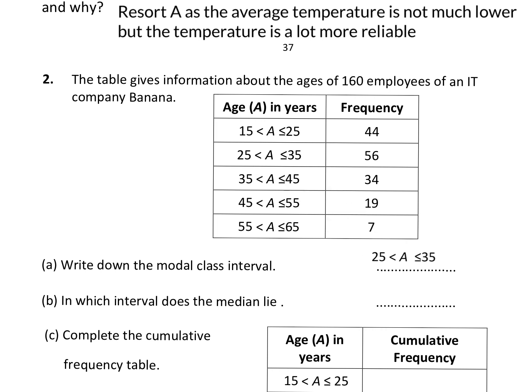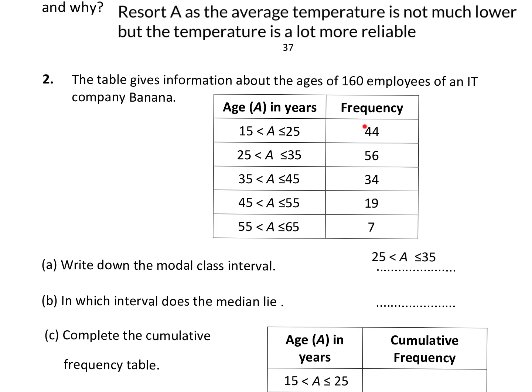And then which interval does the median lie in? Well, because the numbers are so large, I could just be rough here and say the median is going to be around the 80th value. The first 44 values are in here, and the next 56 are in there, which makes 100. The first 100 values are in the first 2 groups, so the median's going to be in one of the first 2 groups, because that's already past halfway.